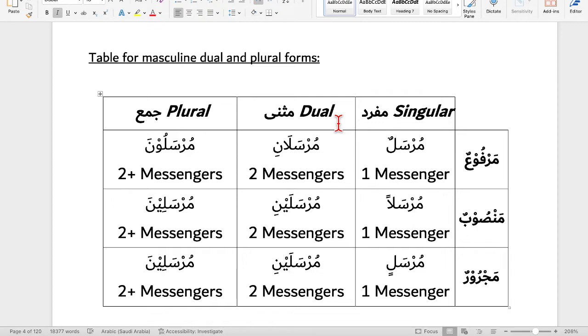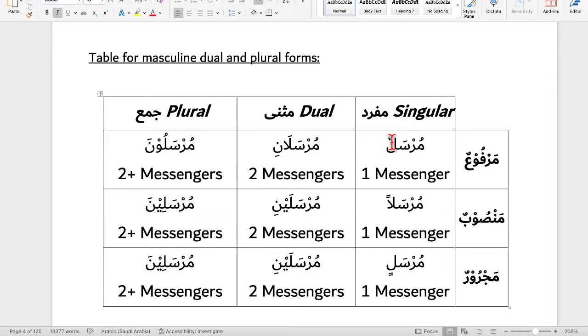With time you will memorize it, but for now you have to understand how the pattern goes, because you just replace the noun here and the pattern stays the same. For example, this is mursalun. As we have studied above, a noun can take three forms: mursalun, mursalan, mursalin. So this is the singular form.